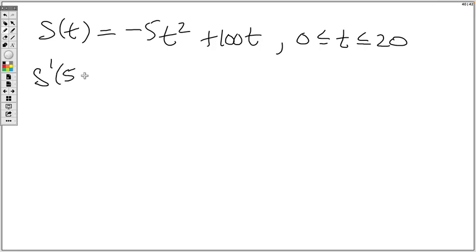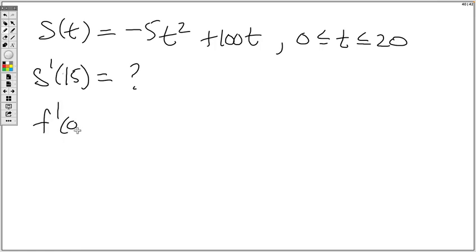So they want S prime of 15. And we've got a couple of different formulas to use for that. These are the two derivative formulas we've got.